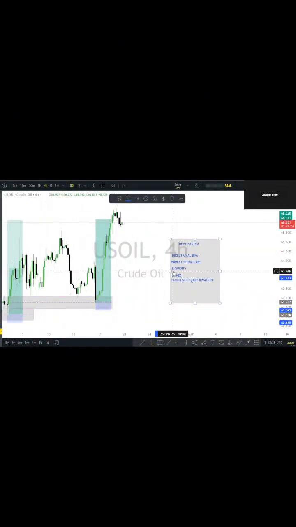Then you check if there is a zone close to this place. If there is a zone there, good. What are the patterns those people are possessing? Are you really sure these people are ready to go the same place you are going, or are they thinking differently from what you are thinking? Candlestick confirmation tells you if those people in that zone are ready to do what you are planning to do.